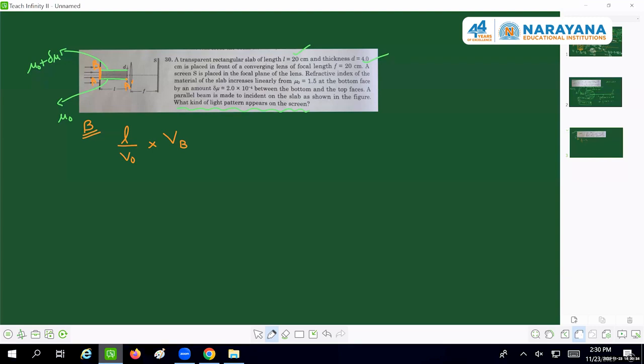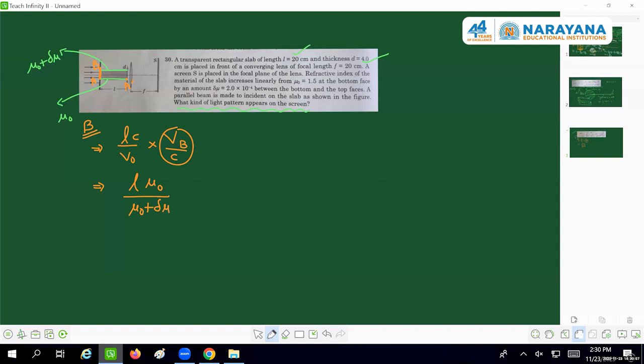And that makes it simple because you multiply. So the distance that it has traveled comes out as L into the refractive index at the bottommost point, mu naught, divided by the refractive index at the highest point, so mu naught plus delta mu.